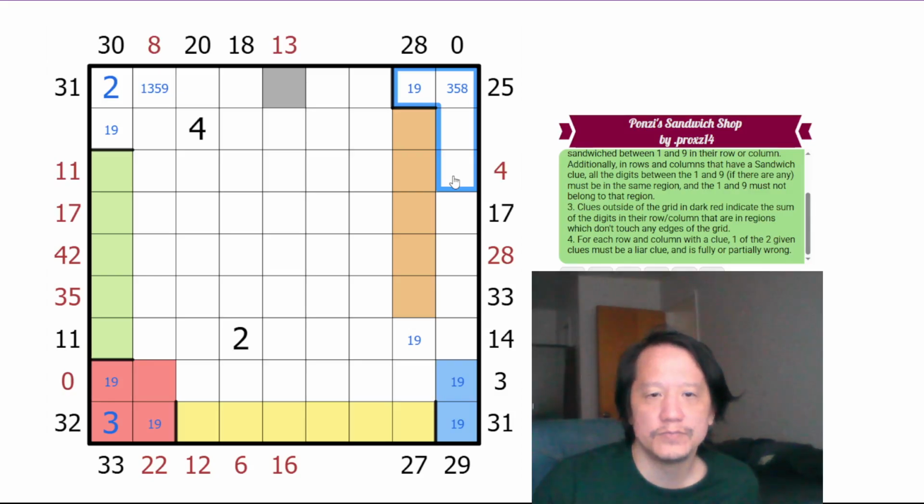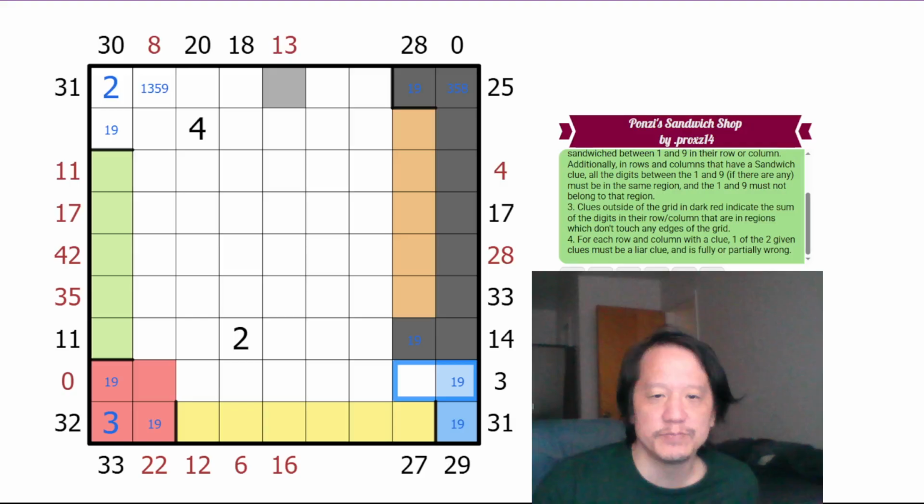Ooh. That's interesting. 1, 2, 3, 4, 5, 6, 7, 8, 9. So that has to go that way. This must be blue going that way. Then to here. So these are boundaries.